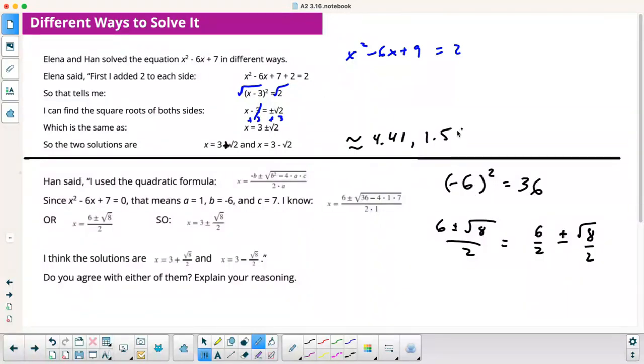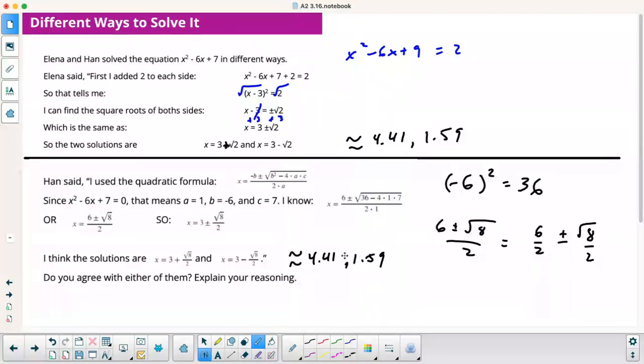And then I'm going to type these in. So 3 plus square root of 8 and then just divide that by 2, and I get the same number here. I get at least the first one, 4.41. 3 minus square root of 8 divided by 2, and I get the same number.